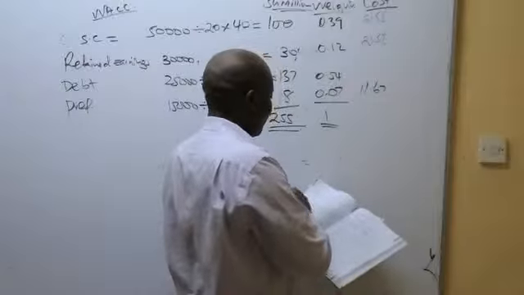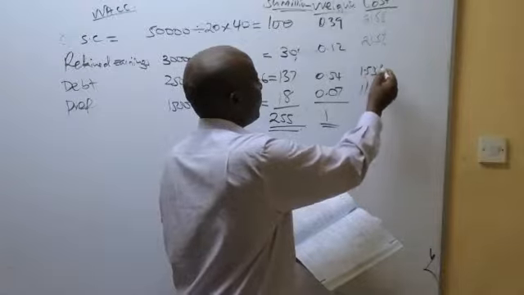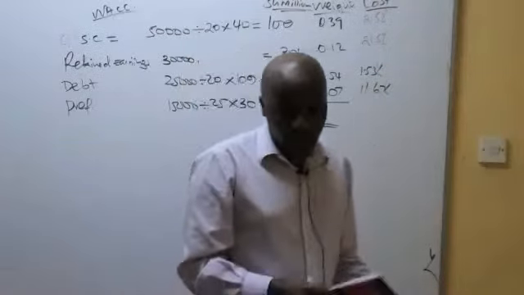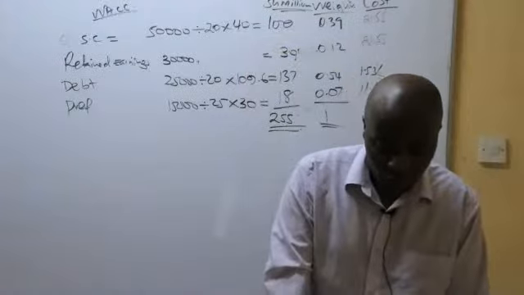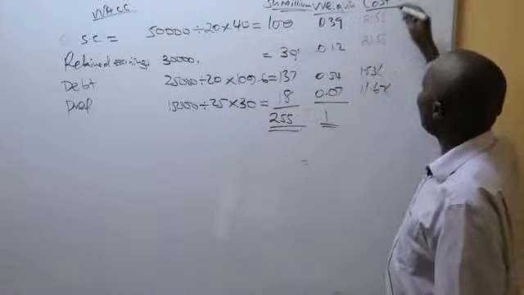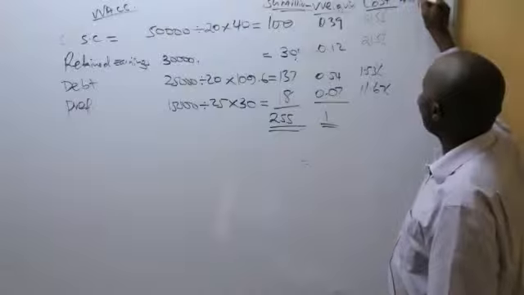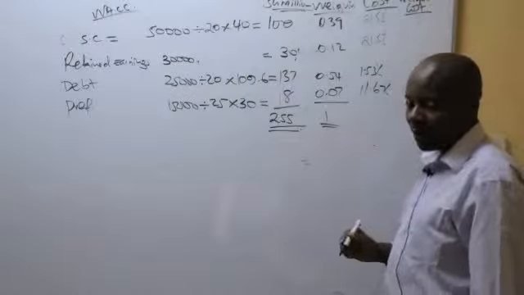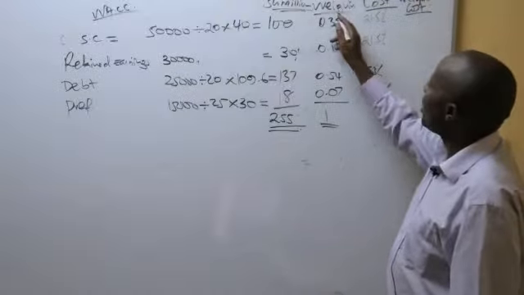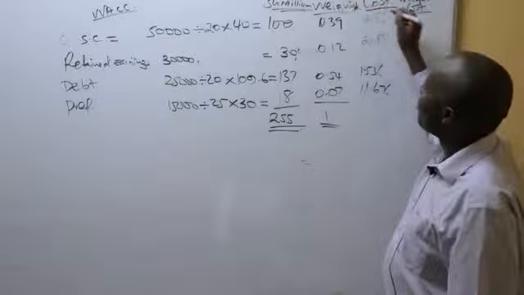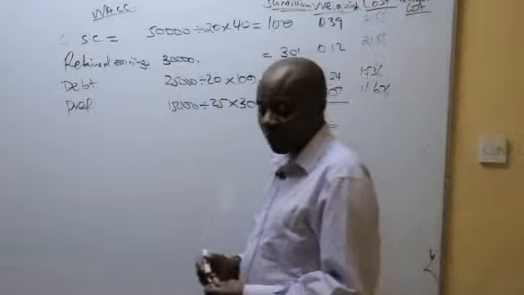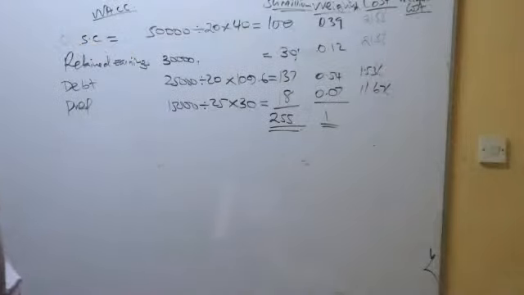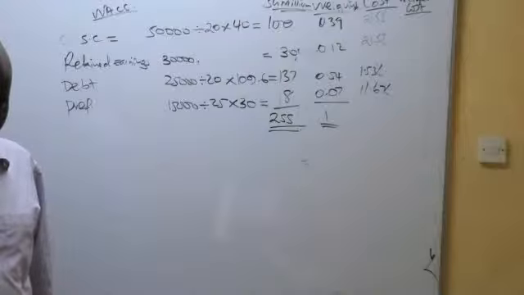1.53. So please come and give me the weighted cost at the end of the day. The weighted cost, basically you are taking this times this, to 2 decimal places. Tell me what we have.